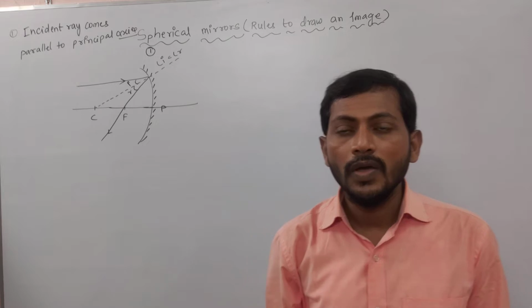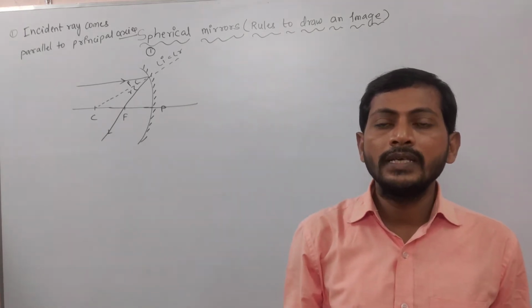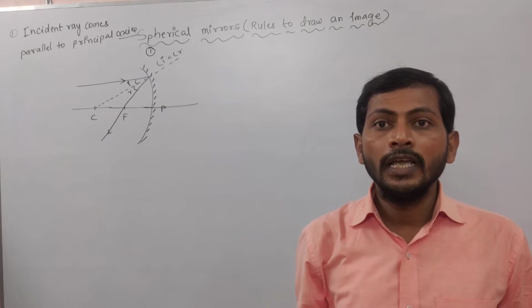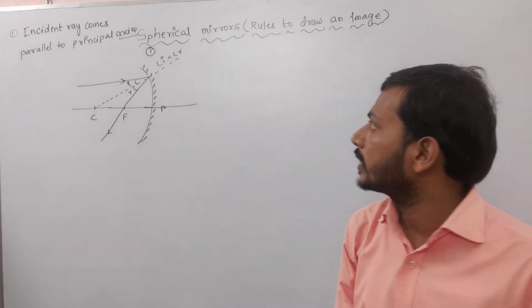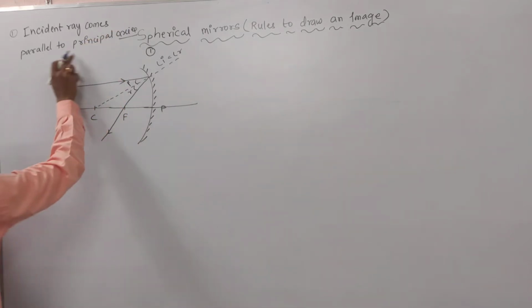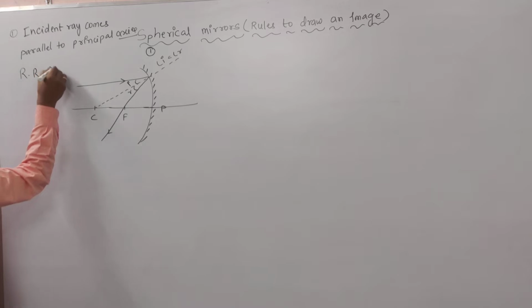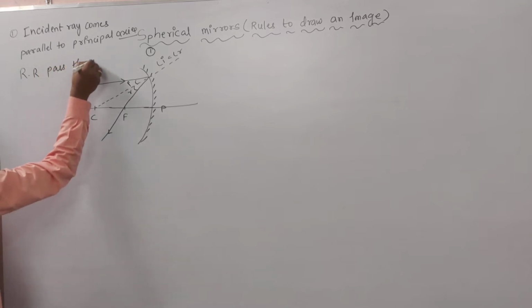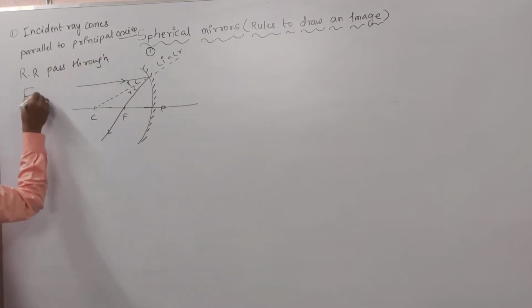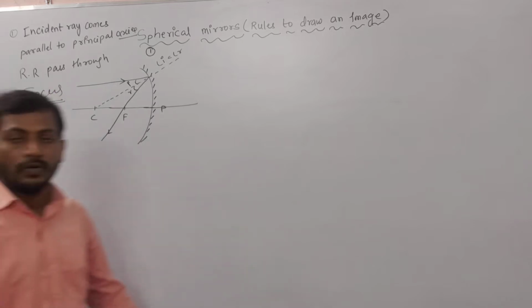When the incident ray comes parallel to the principal axis, the reflected ray passes through the focus.